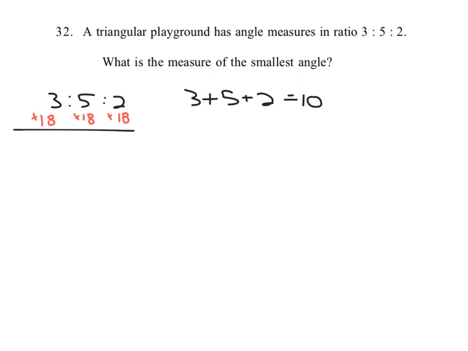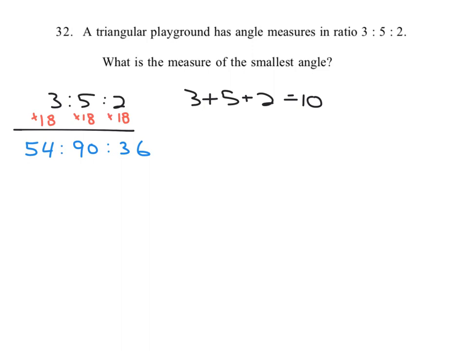Okay? So 3 times 18 is 54. 5 times 18 is 90, and 2 times 18 is 36. Now we have 3 angles that are 54, 90, and 36, and the ratio of those 3 simplifies down to the given ratio 3 to 5 to 2.